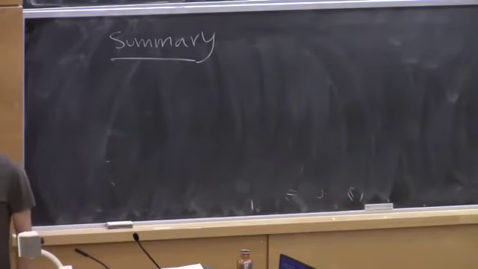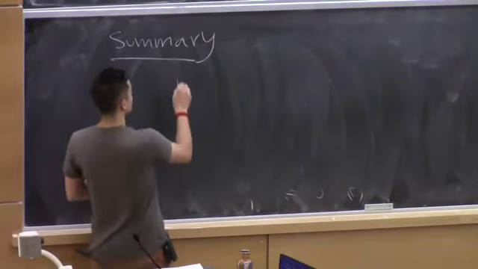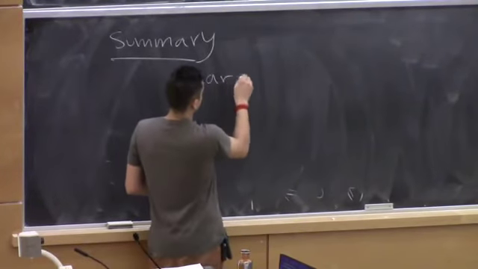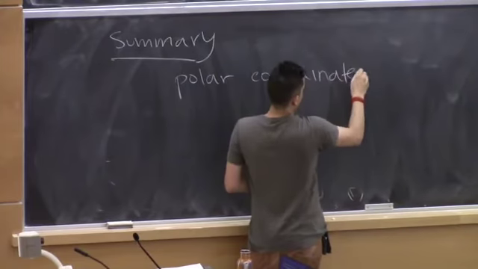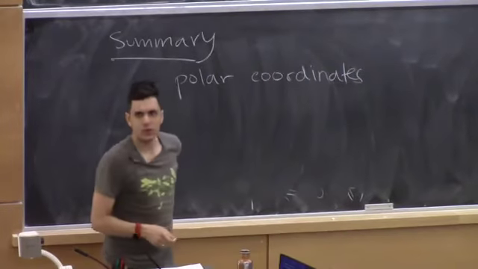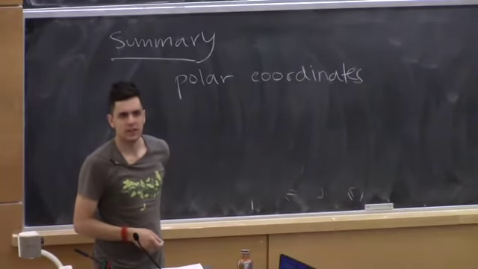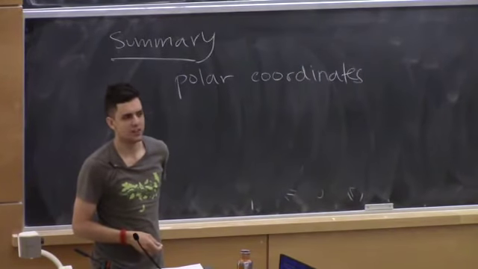Okay, so what did we see this week? What's the news of the week? Polar coordinates. Yeah, lots of polar coordinates really fast. Okay, we saw polar coordinates. What else? What did we see on Tuesday?